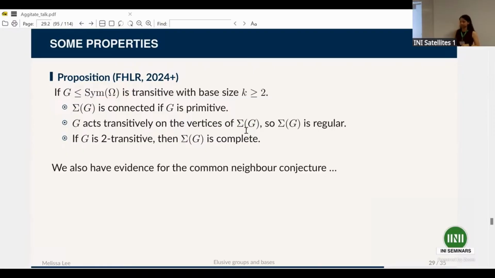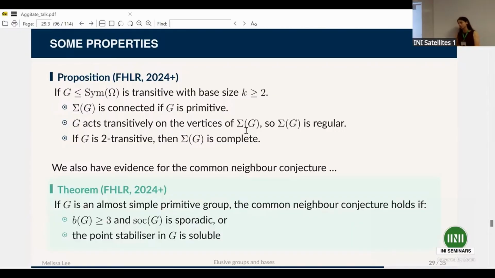We also have some evidence for the common neighbor conjecture. So the common neighbor conjecture here is exactly the same as for base size 2: any pair of vertices have a common neighbor. It turns out that when you increase your base size to larger than 2, all the calculations and techniques get significantly more complicated, but we were able to find some partial results.